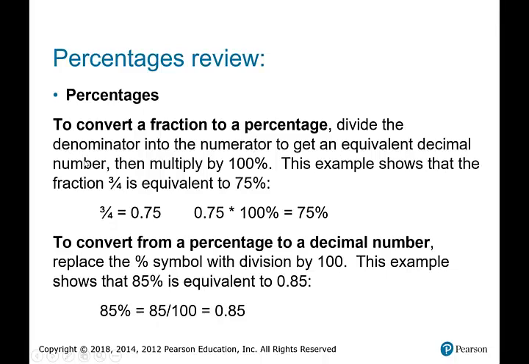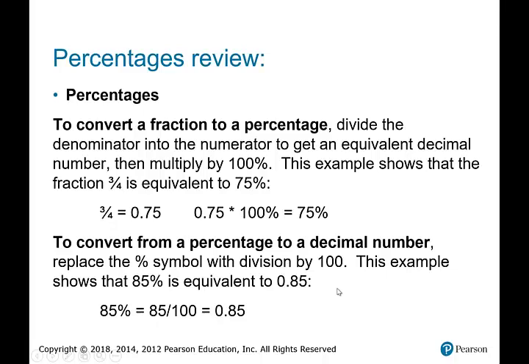Then you multiply it by 100%. This example shows the fraction 3/4, which is equivalent to 75%. 3/4 as a decimal number, 3 divided by 4, is 0.75. You take 0.75, multiply it by 100%, and that equals 75%.